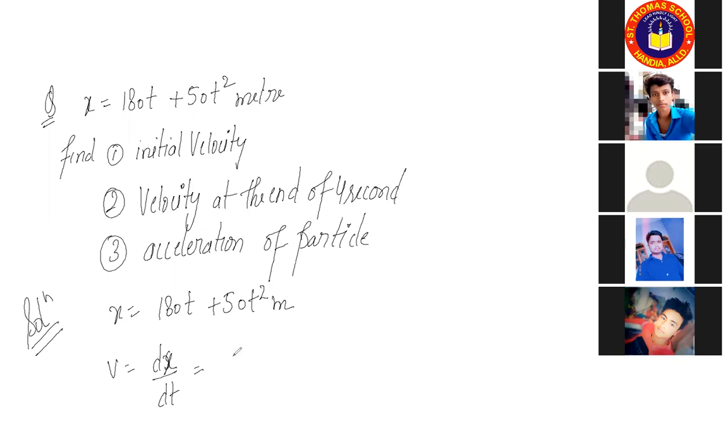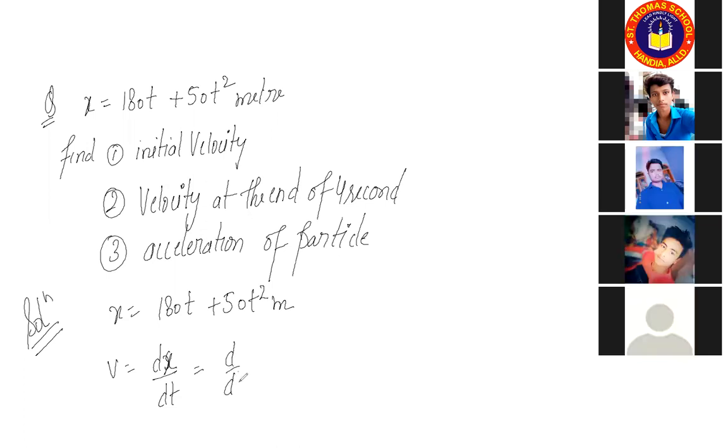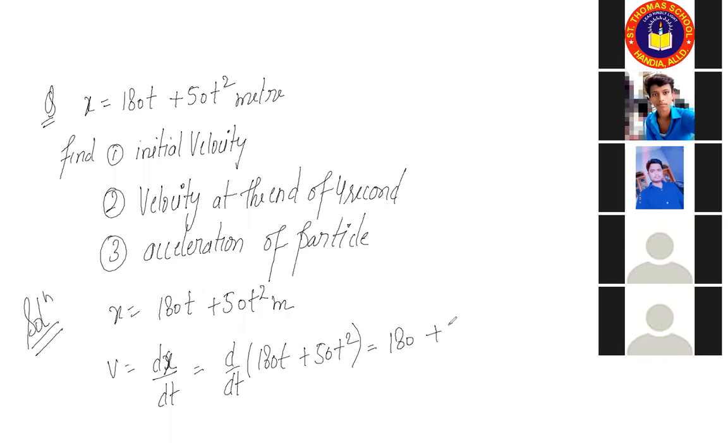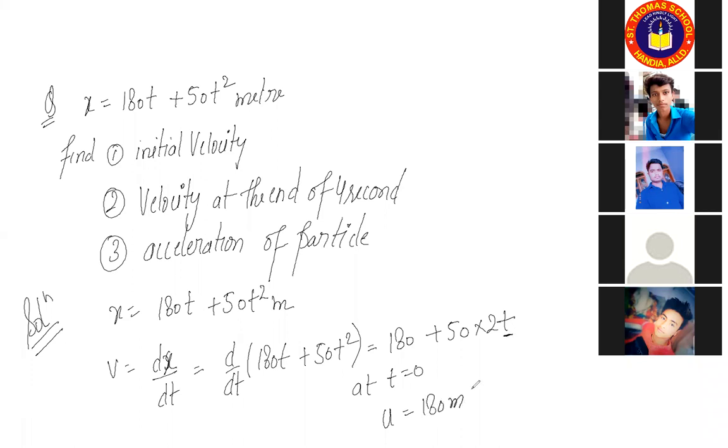dx by dt will become how much? d by dt of 180t plus 50t square. Once you differentiate it, you will get 180 plus 50 into 2t. The acceleration will be 100 meter per second square. At t is equal to 0, the velocity will be the initial velocity, so it will be 180 meter per second.